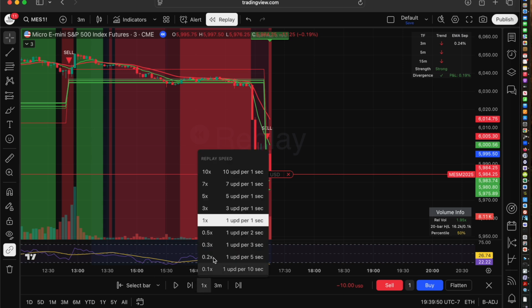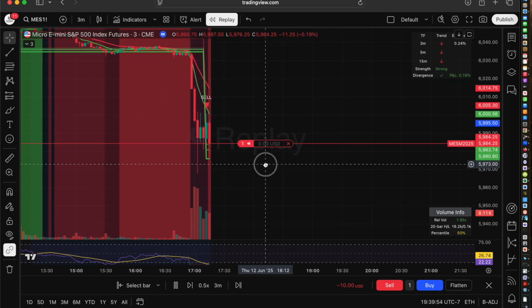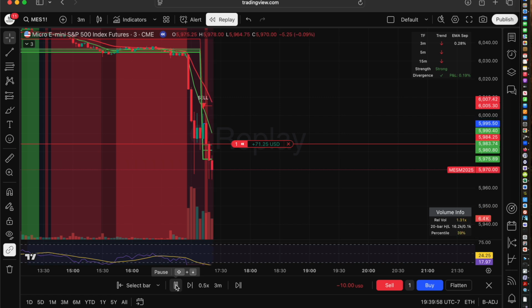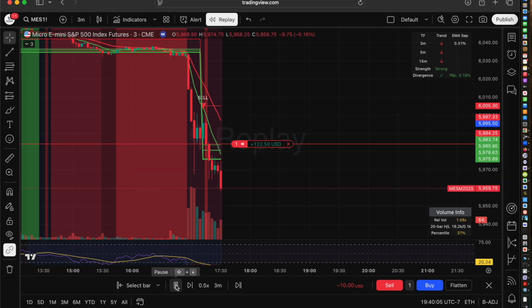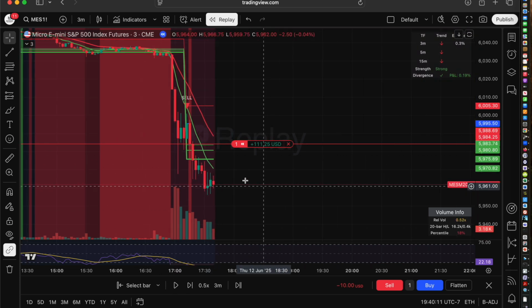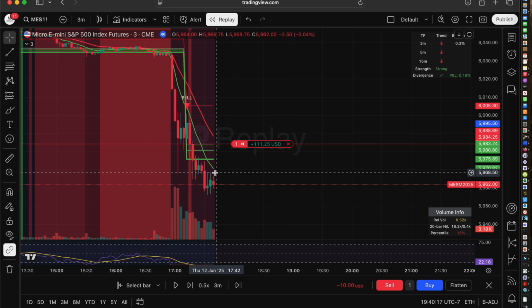I'll kind of slow this down a little bit. Well, we are past our take profit levels, but you can see here. Let me pause this. But you can see how wide our gap is between the two EMA lines.